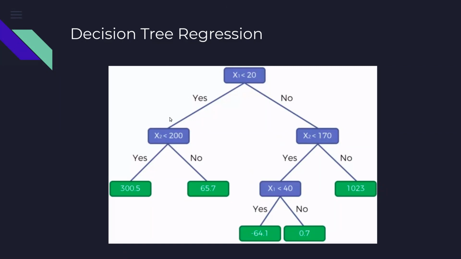It will go through the entire data set and see in which records the value of x1 is less than 20. If it is less than 20, then we have some data elements there. And if it is more than or equal to 20, I am able to bifurcate my data into two parts. One is where x1 is less than 20, and the second is where x1 is more than 20.